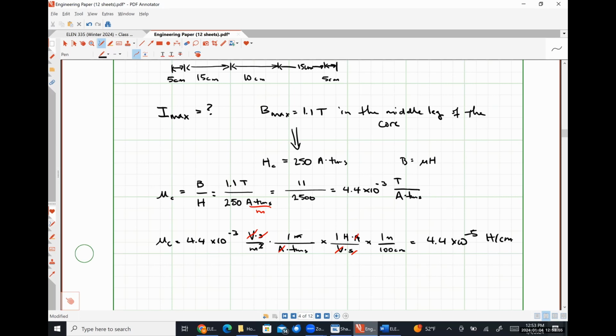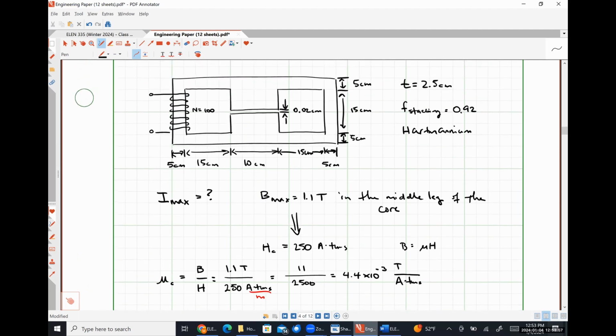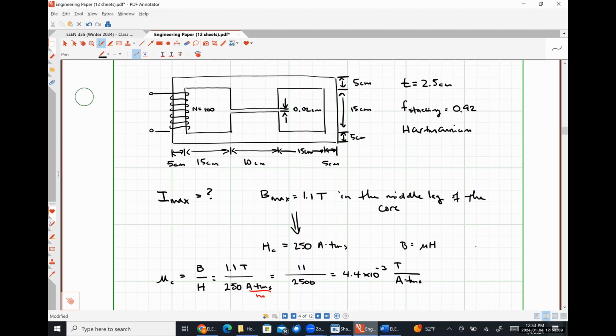So now, let's think about things here. We're trying to figure out what current is flowing into the coil to cause that B field. Realistically, we also need to know what the flux through that middle leg is, because we're trying to figure out effectively what current is causing that particular flux.